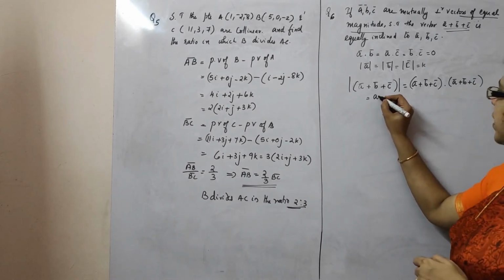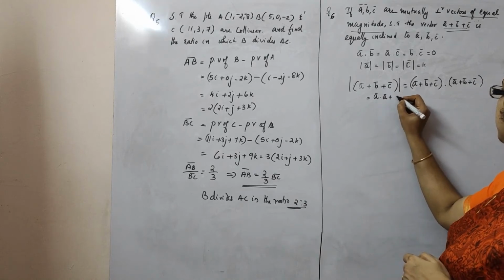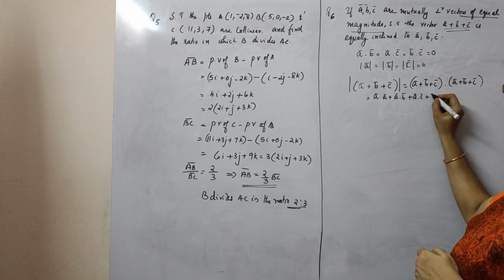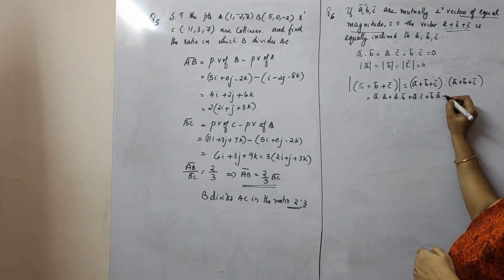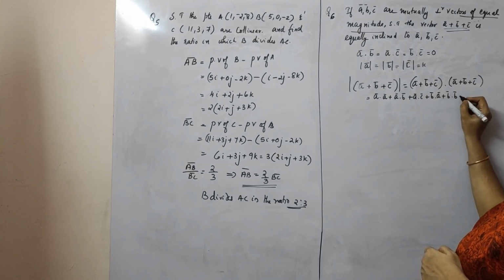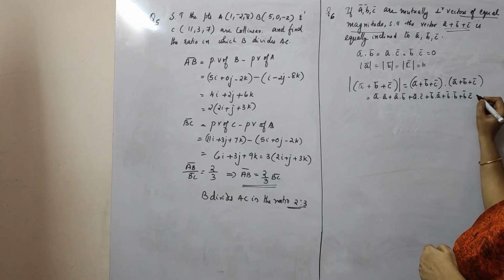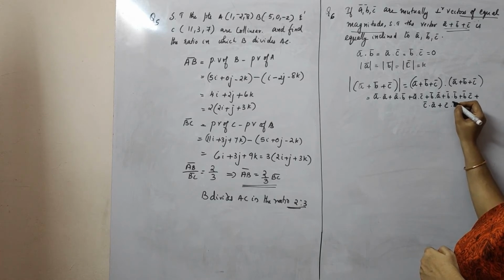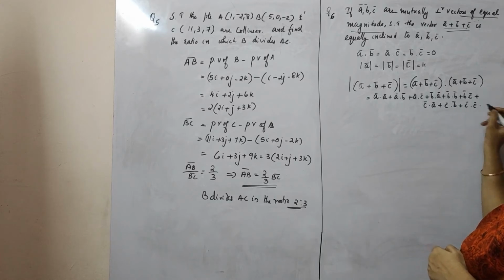What will I get? Vector A dot vector A plus vector A dot vector B plus vector A dot vector C plus vector B dot vector A plus vector B dot vector B plus vector B dot vector C plus vector C dot vector A plus vector C dot vector B plus vector C dot vector C.